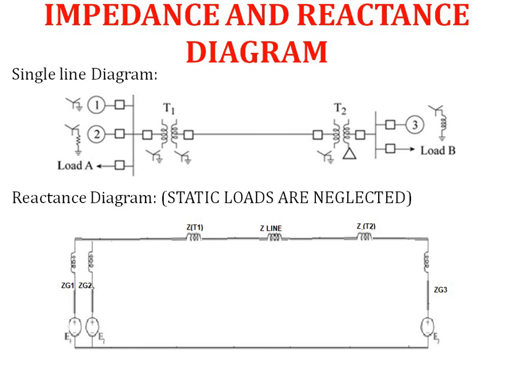In this, the resistance will be neglected. So in the reactance diagram, only the reactance values are represented for generators G1 and G2, transformer, transmission line, then transformer 2 and generator 3.